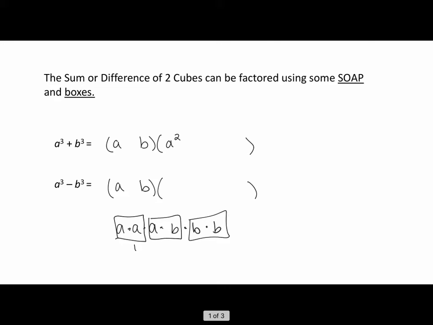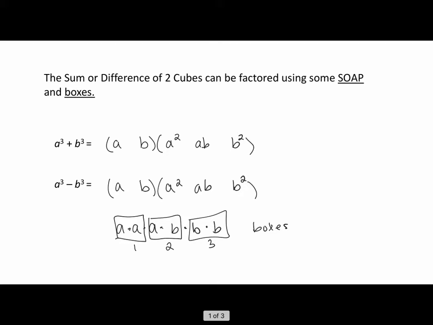A times A is A squared. The second term comes from the second box. A times B is AB. And the third term comes from the third box. B times B is B squared. So those are the boxes.